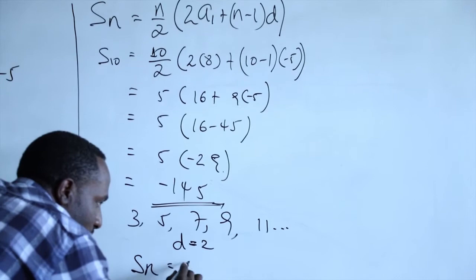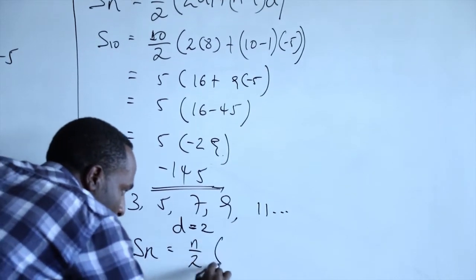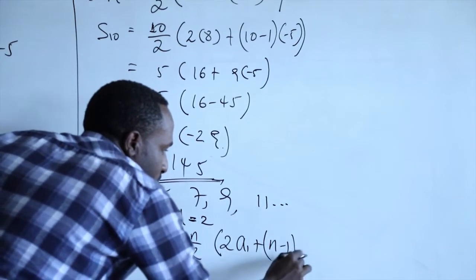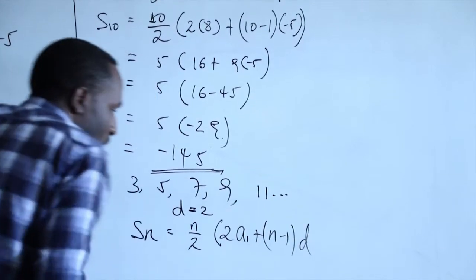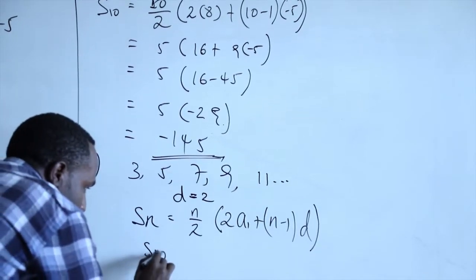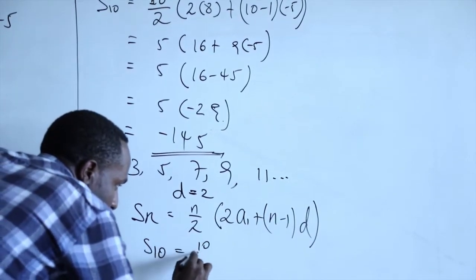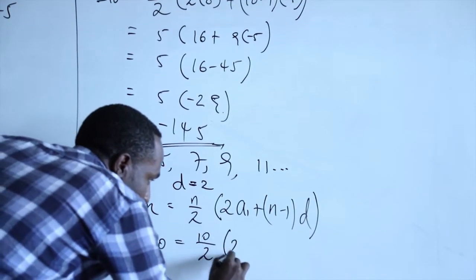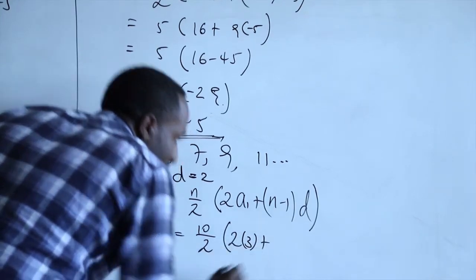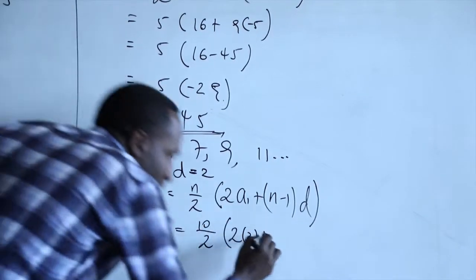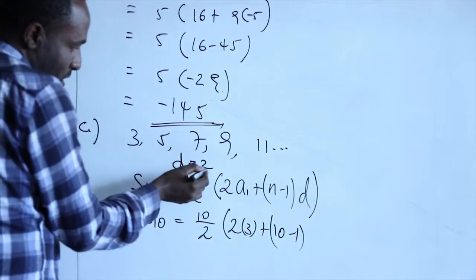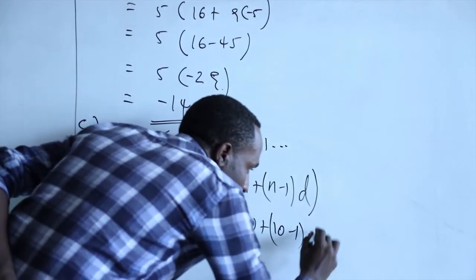Sn equals n over 2 times (2 times a1 plus (n minus 1) times d). So from this, S10 equals 10 over 2 times (2 times the first term, which is 3, plus (n is 10, so 10 minus 1) times d). d is already calculated, which is 2.